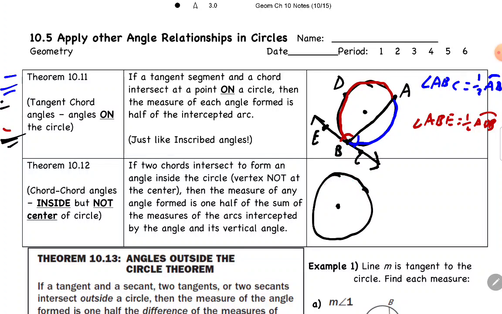Okay, we have the center. These intersect, not in the center. C, D, E, A. And then this is angle 1.